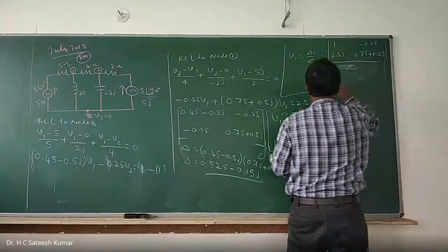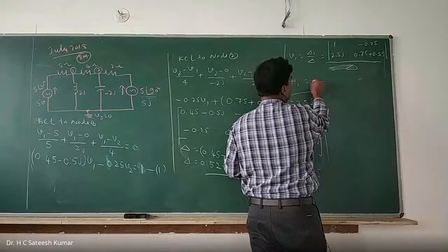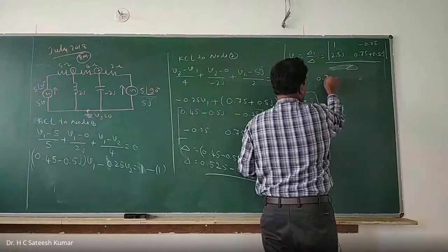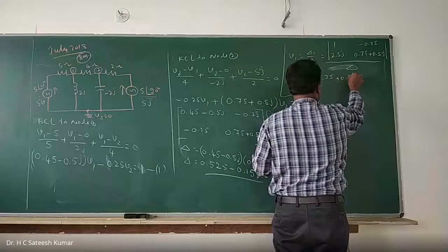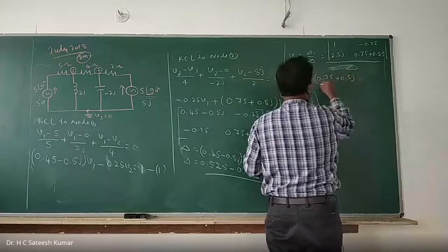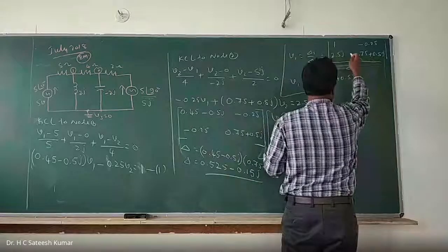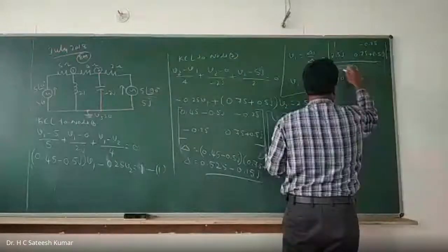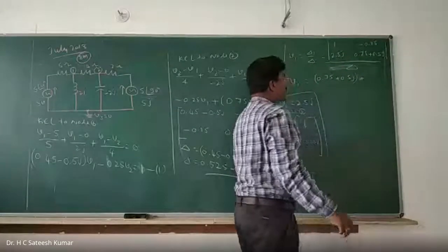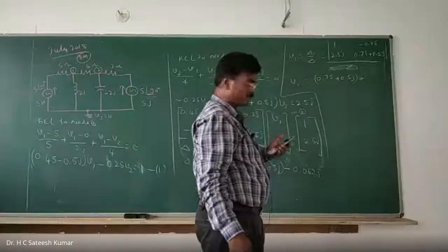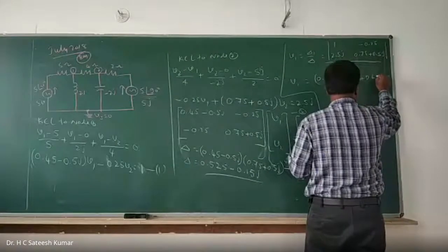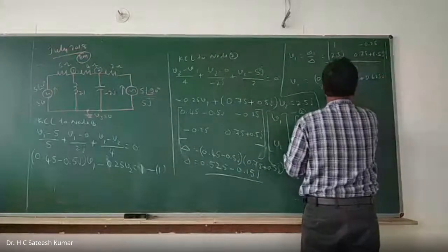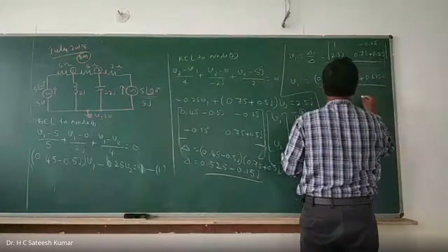Now V1 is equal to: multiply 0.75 plus 0.5J into 1, minus of minus plus 2.5J into 0.25, that is 0.625J, divided by delta.